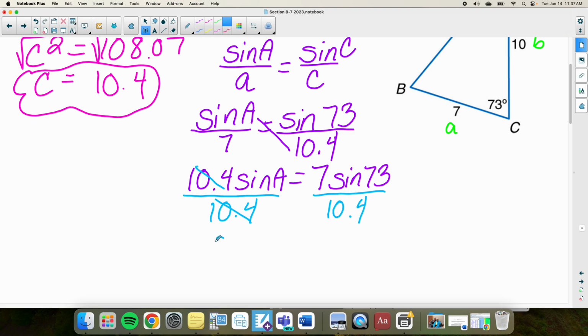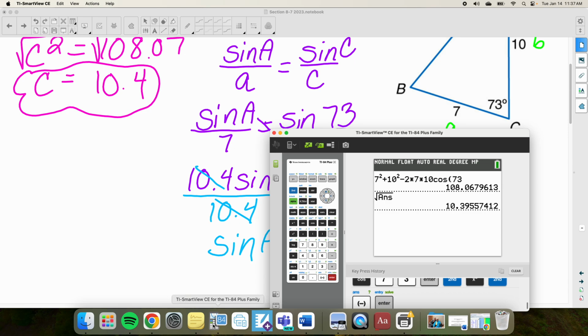And when we do this, it's going to give us sine of A. Sometimes you're going to get an error message today because you've done something wrong. When you type this in, it has to be less than 1 or you're going to get an error message. So if you do, go back and look over your work. And remember, you have to hit enter here.